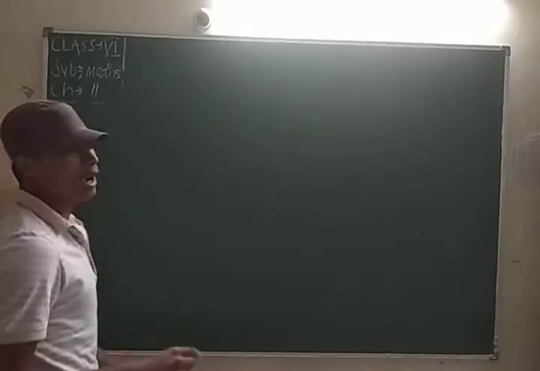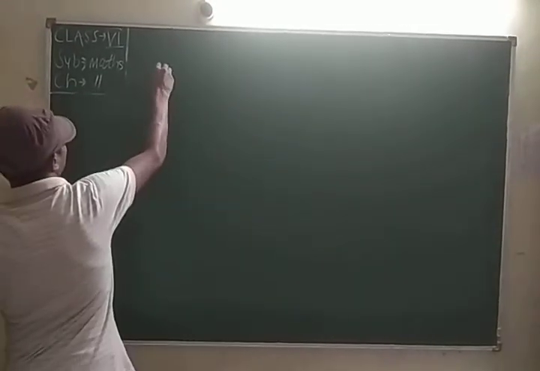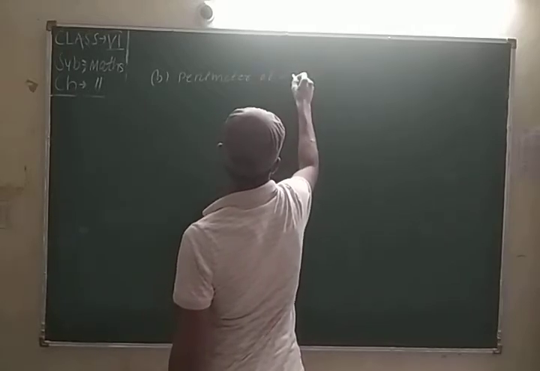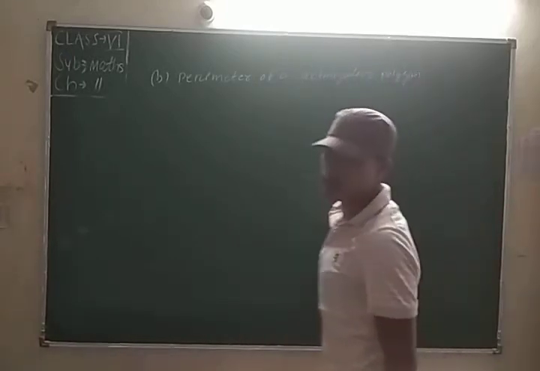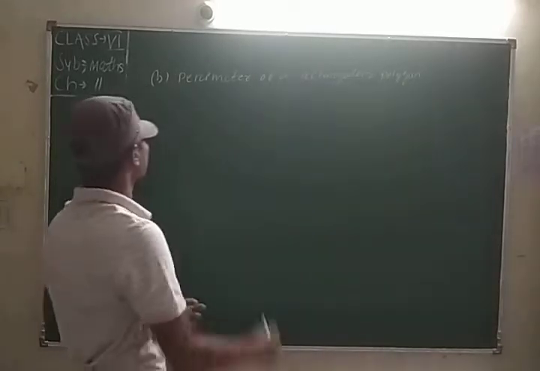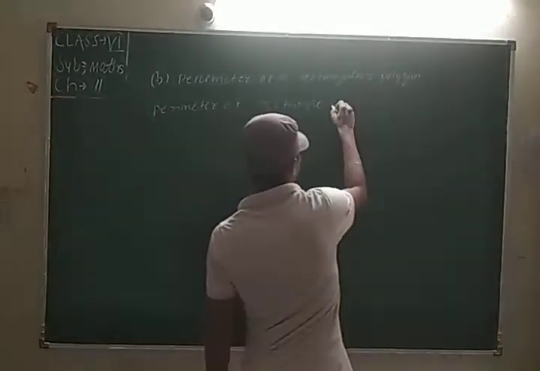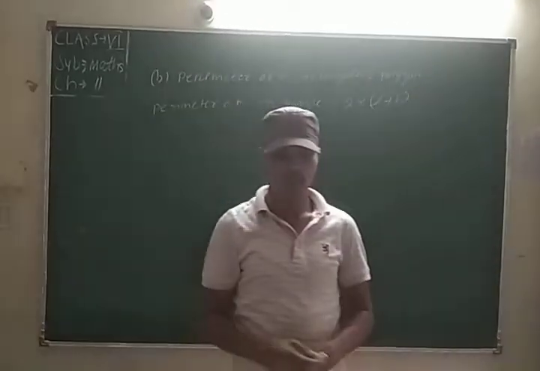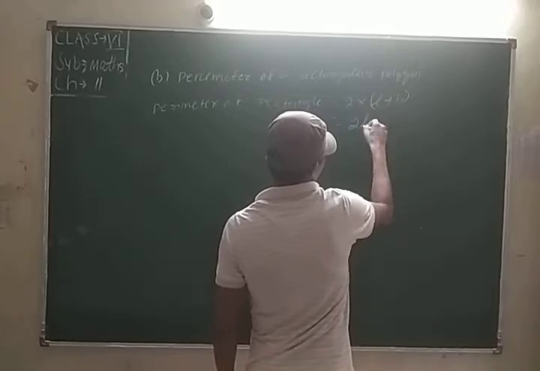So how can we represent it with variables? The perimeter of a rectangle equals 2 into (L plus B), that is 2(L + B), which can be written as 2L plus 2B.